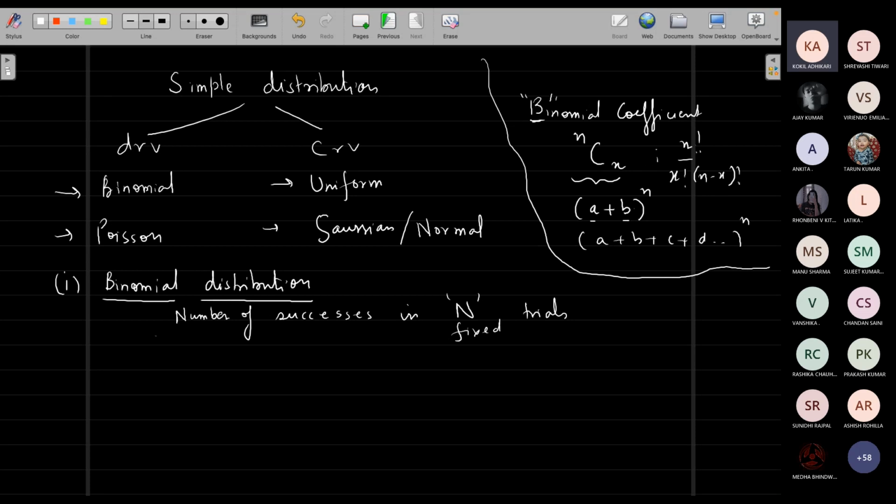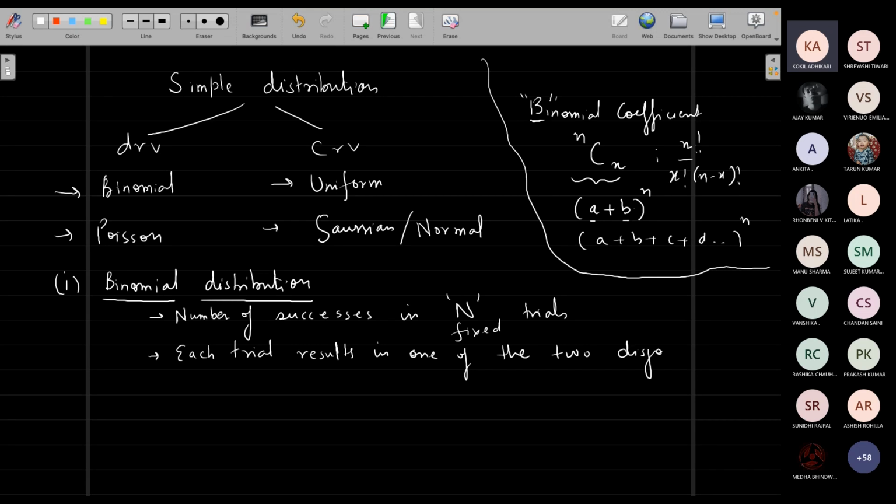Now, what is this process governed by? It is interesting to note that each trial results in one of two disjoint outcomes.